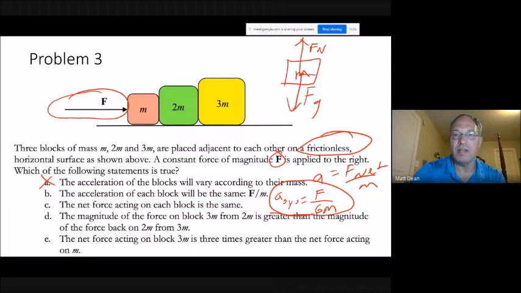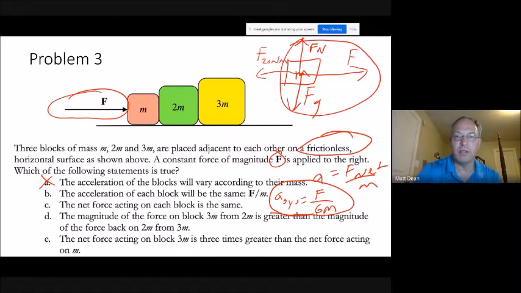It has this force of F pushing it this way, but there's also a force of box 2 on box 1. Box 2 is pushing back on 1. So we'll call that the force of 2 on 1M. And that's that.